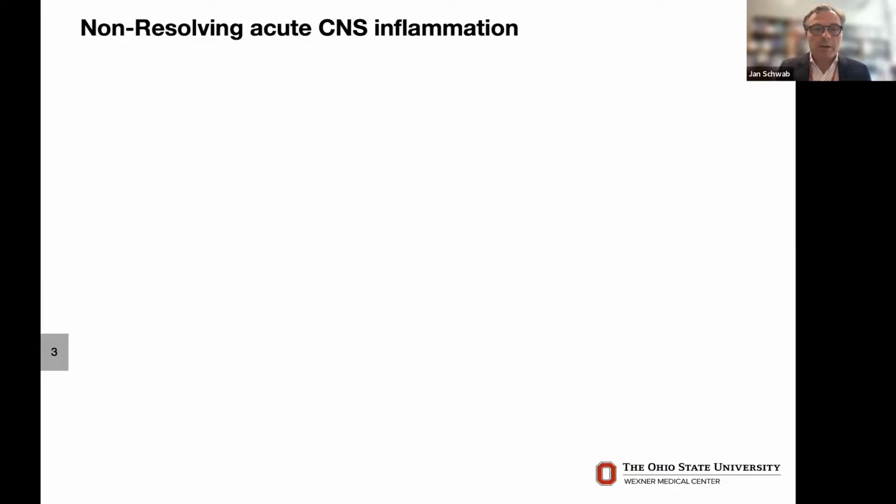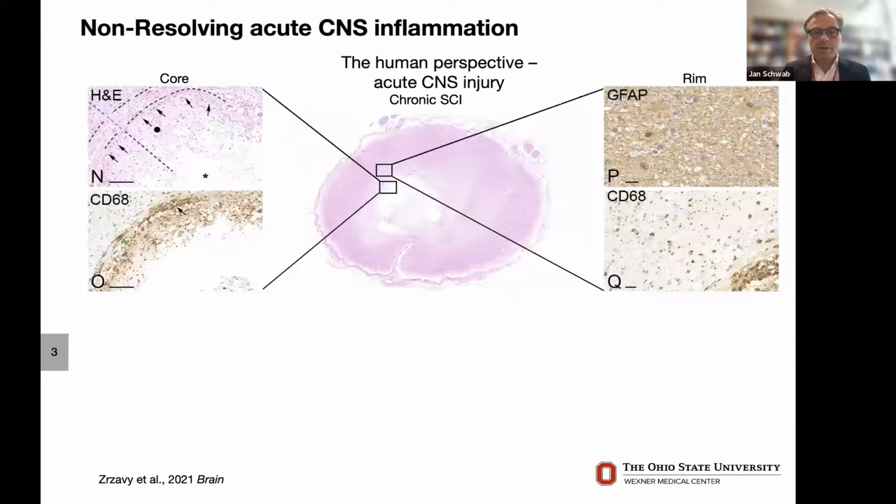So now what about human spinal cord injury? If you look at the chronic spinal cord injury site, as depicted here, you can see the lesion has been demarcated, the tissue debris has been removed and the cyst has been formed. But if we look close to the core, we can still see a number of remaining macrophages hanging around, and even more in the rim phase. Still, we can see an accumulation of macrophages being there for a long time.